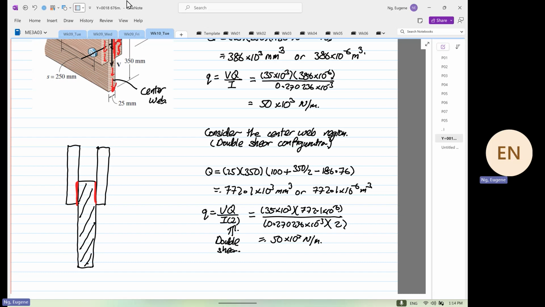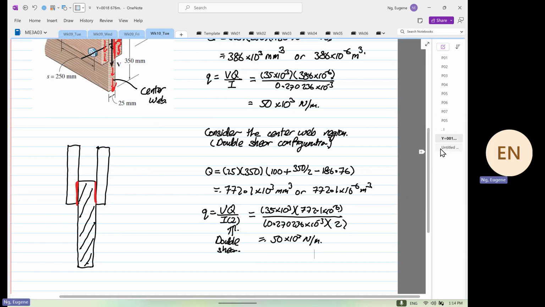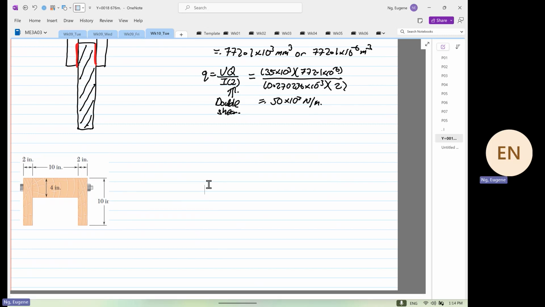Let's look at another problem. When I was teaching this problem a few years ago, a few students asked me why it is done this way, and it's not fair for me to say because I say so.